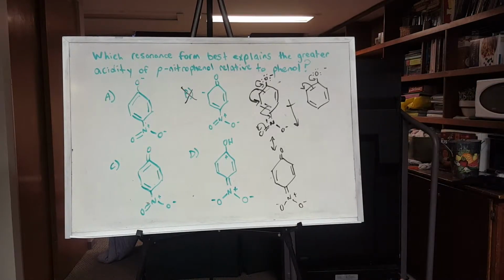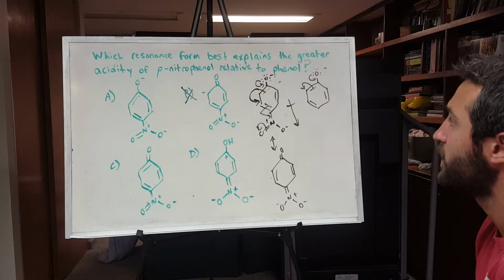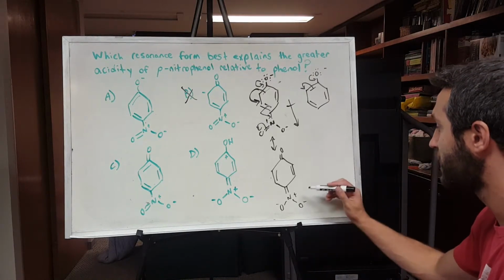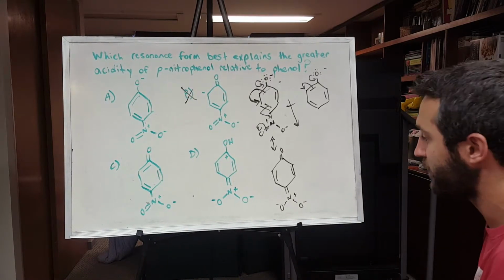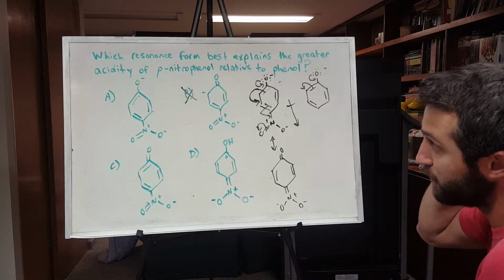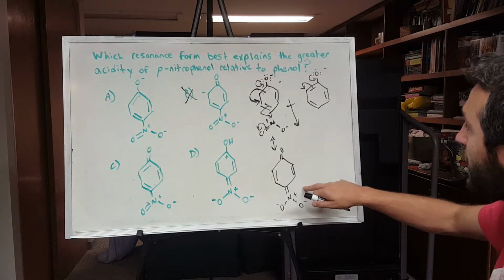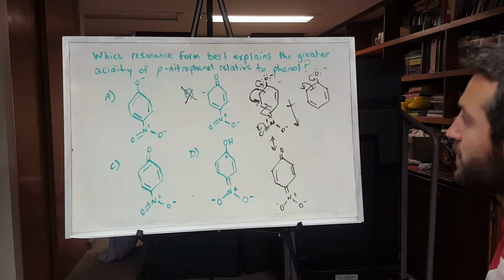So this is another resonance form of the conjugate base. The more resonance forms a molecule has, the more it's going to be stabilized, especially stable resonance forms. This guy's pretty stable: it's got a minus charge on the more electronegative oxygen atoms with a positive charge on the nitrogen atom. This clearly shows the conjugate base stabilized in a way that cannot be shown with phenol's conjugate base.